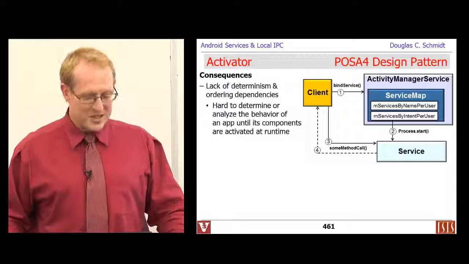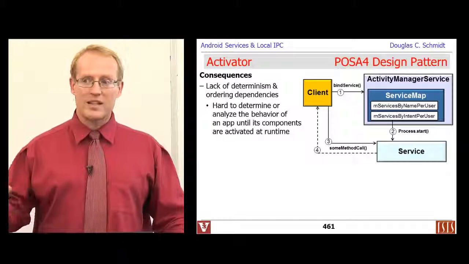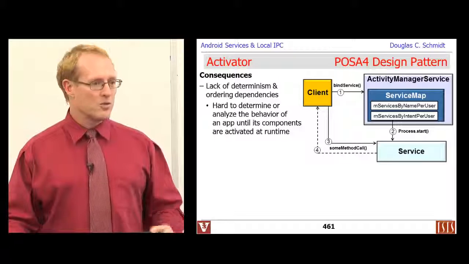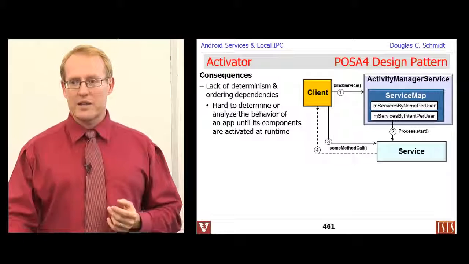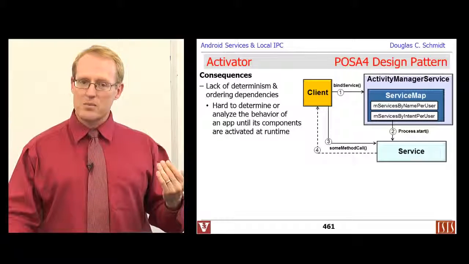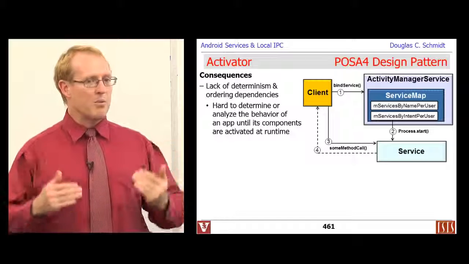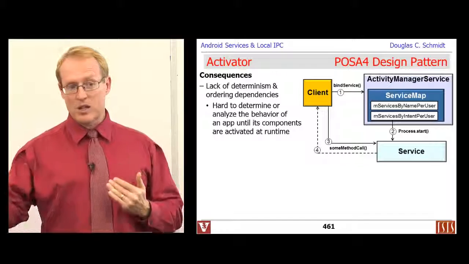There are some downsides. One of the downsides is that the system becomes somewhat less deterministic. When stuff starts to run depends on the order in which clients make requests. So your system may not always have the same resource utilization. Sometimes it may take more memory, sometimes it may take less, depending on the load.